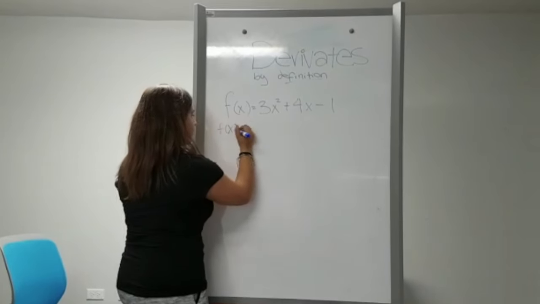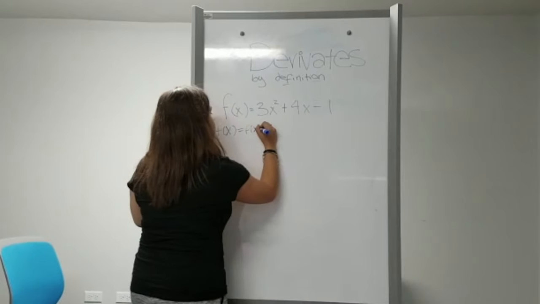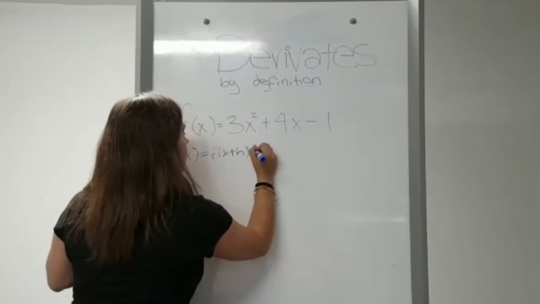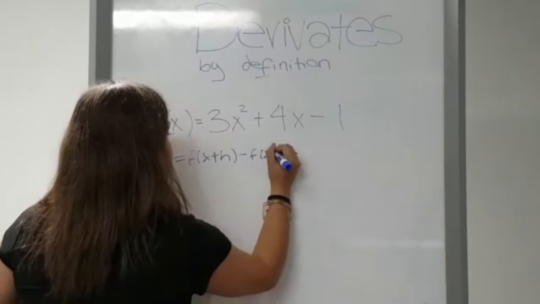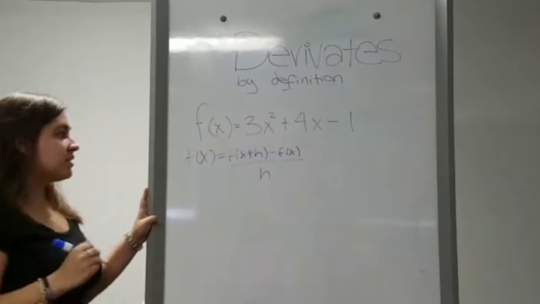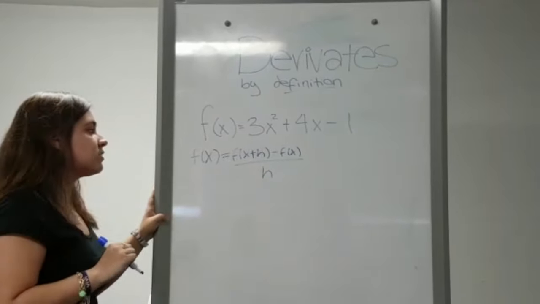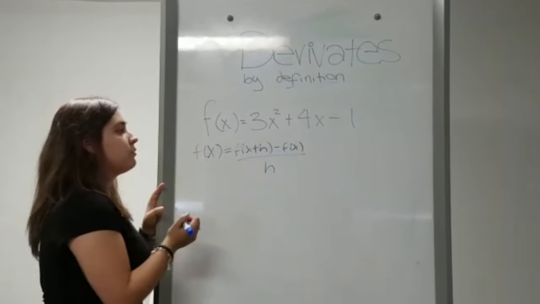minus f of x. So this is the formula that we will be using for this problem, and everything is over h. And so the first step is to substitute in every x the parentheses x plus h, and that's what we will be doing.